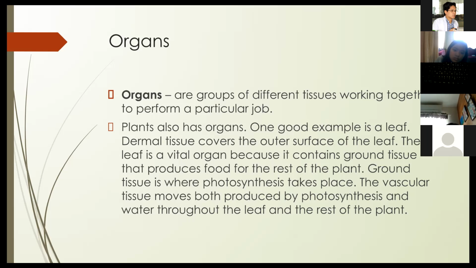Ground tissue is where photosynthesis takes place, the one that I already tackled a while ago. The vascular tissue moves both the food produced by photosynthesis and water throughout the leaf and the rest of the plant. Again, there are some vascular tissues there. So again, your leaf or your leaves is one of the major organs of your plant.